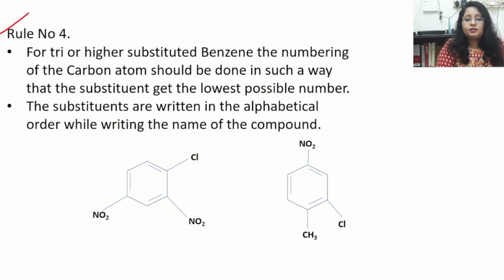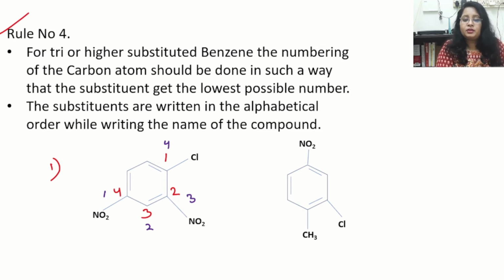See, in example number 1, we have 3 substituents, 1 chloro and 2 nitro, 3 substituents on this benzene ring. So either we will start from here 1, 2, 3, 4, like this we can do the numbering, or one more way of numbering is we will start from here 1, here 2, here 3 and here this is 4.